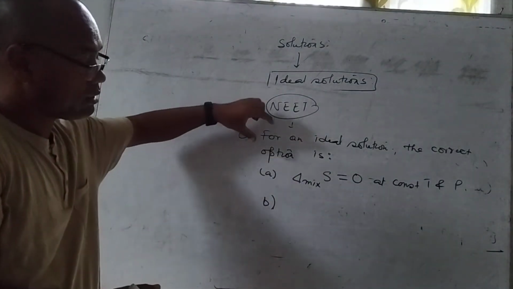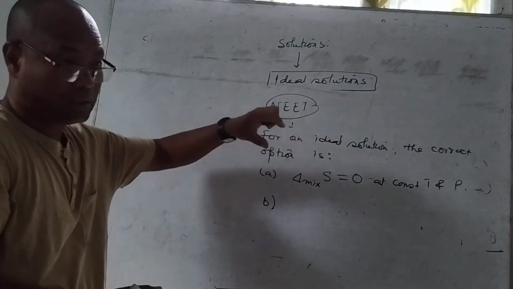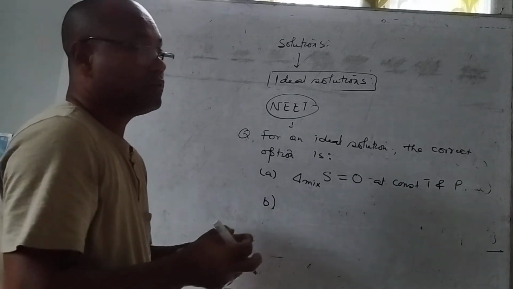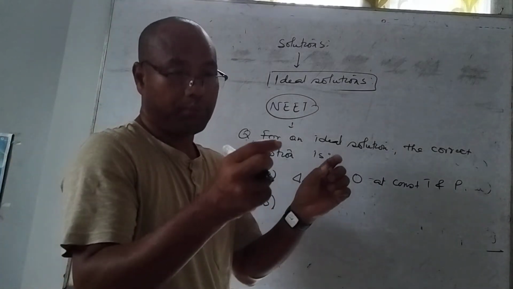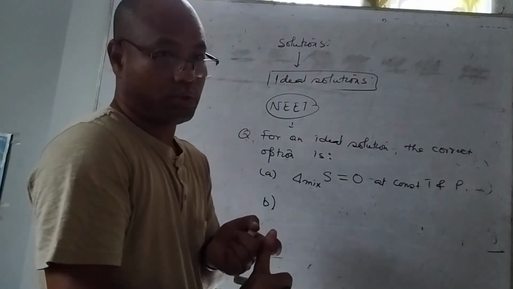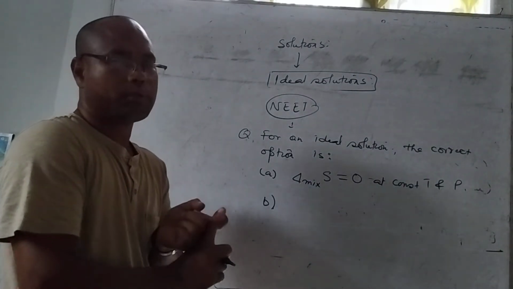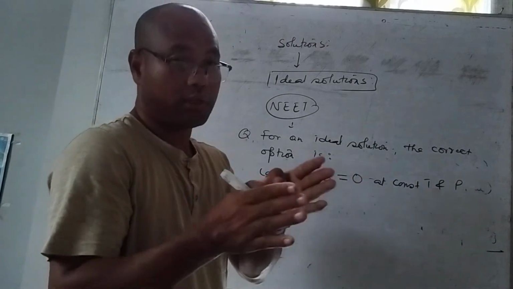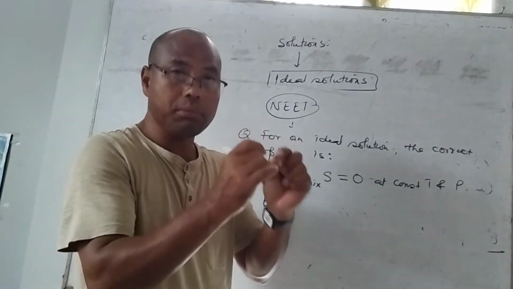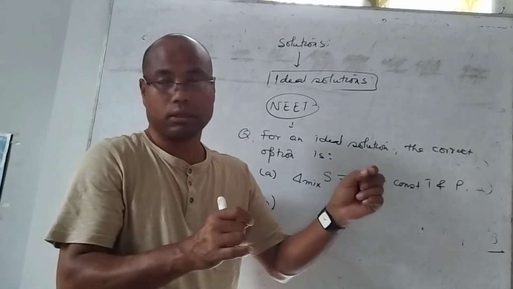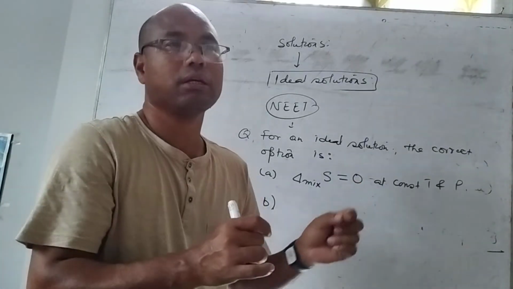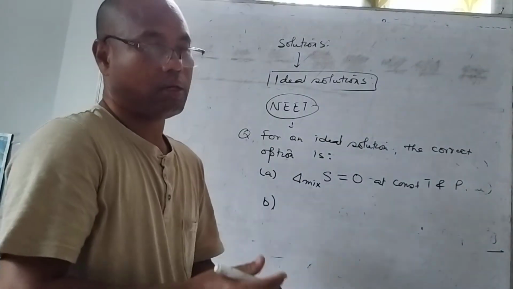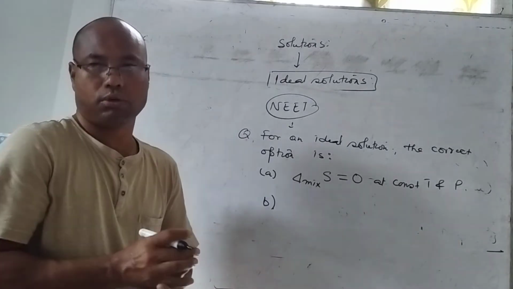But for an ideal solution, remember, when we mix our solution, obviously the entropy, whose physical significance is to measure the randomness or disorderliness of the system, will increase. What is the system? The system is our solution.